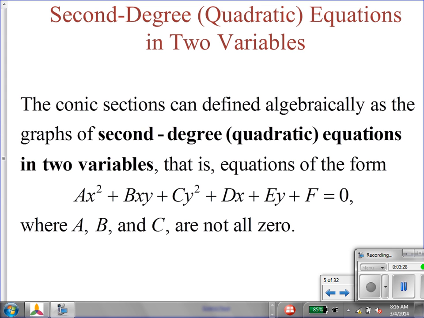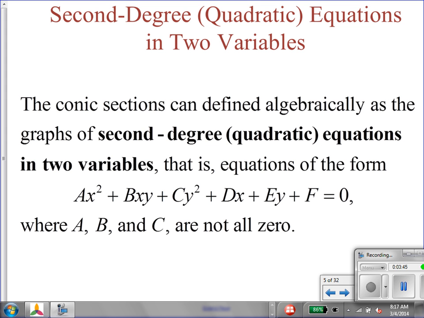Now, what's the difference? If you've got y equals x squared, the parabola is either going to open which direction or which direction? Up or down. Okay? And we tell whether it opens up or down by the coefficient in front of x squared. If it's negative, it opens down. If it's positive, it opens up.